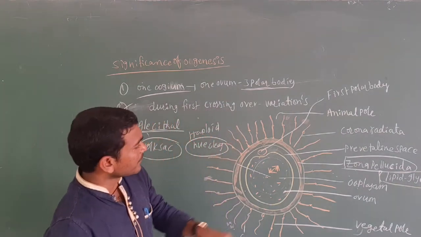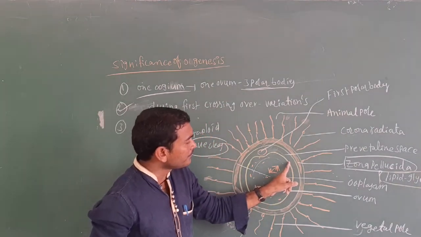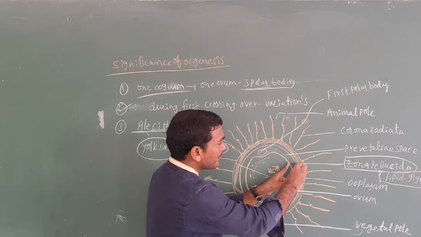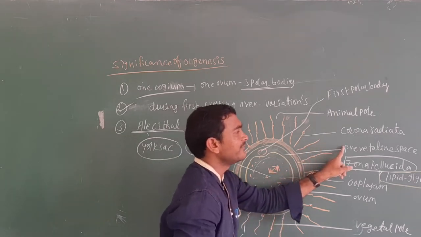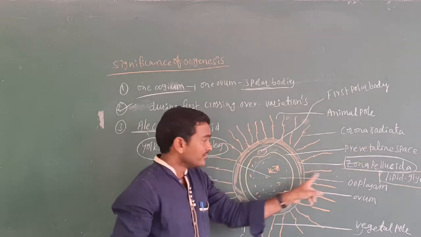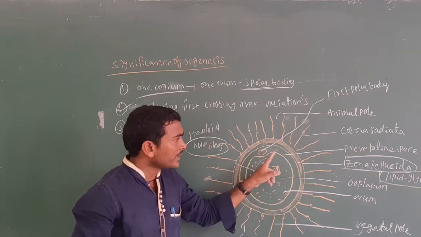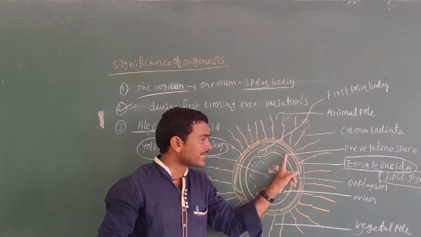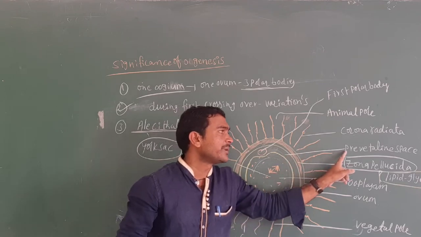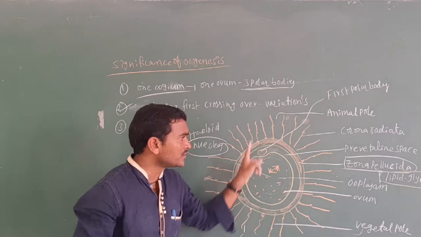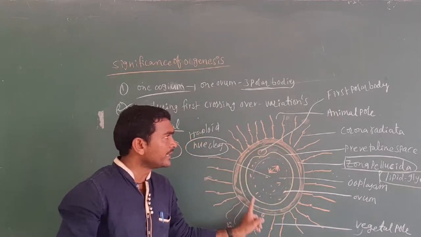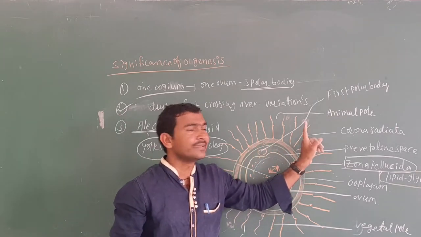Between the plasma membrane of the ovum and the zona pellucida layer there is a gap, called the perivitelline space. The first membrane is the zona pellucida, and the outer membrane is the corona radiata.